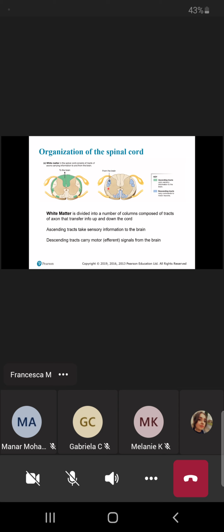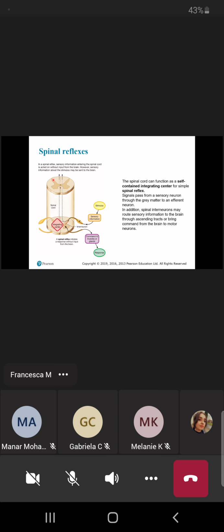So you can see that even in the white matter, we have a division for the ascending and the descending tract. So the sensory and efferent information are distinguished by themselves, and it's the same we observed for the gray matter, the dorsal and the ventral horn. So we can see both white and gray matter in the spinal cord.